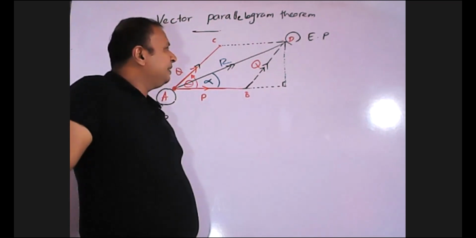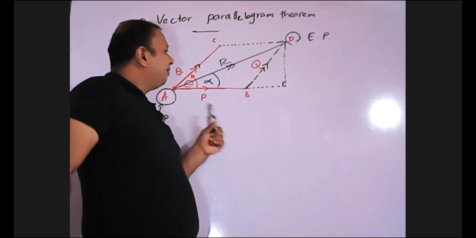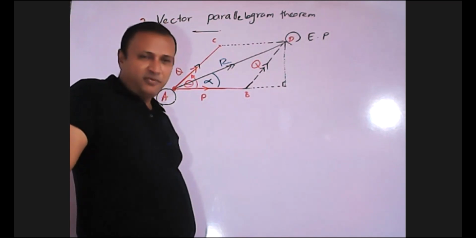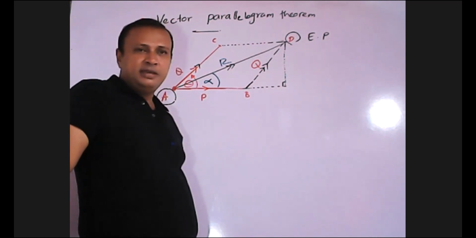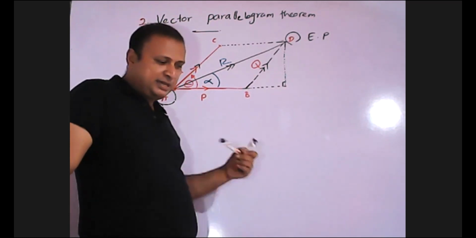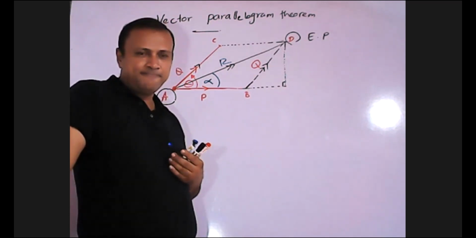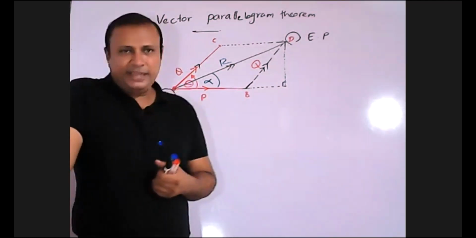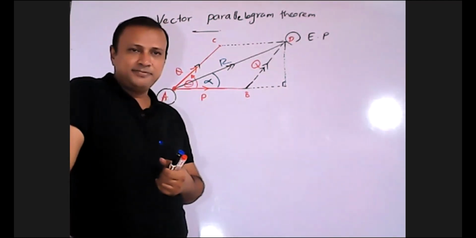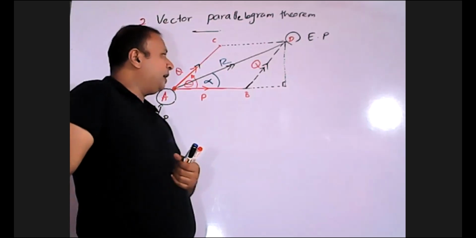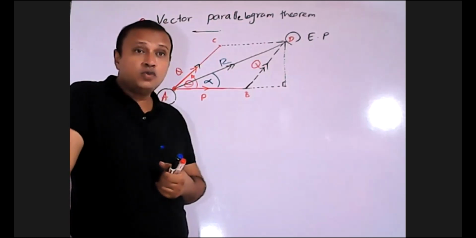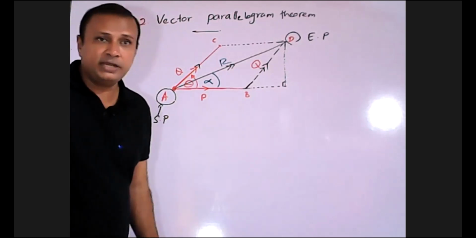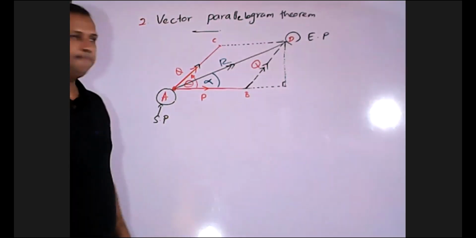In that case, actually we have determined this kind of cases. Using your previous knowledge, please give me a proposal how to find the magnitude of R. How to find that one?